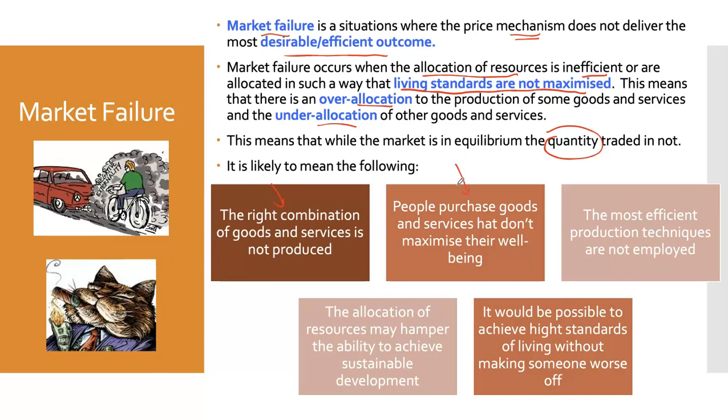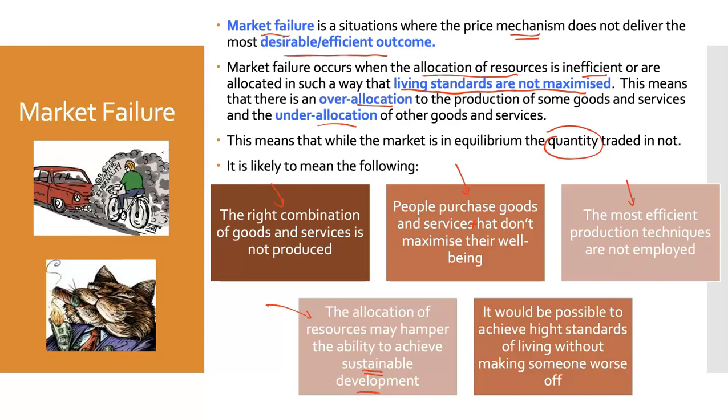People are purchasing goods and services that are not maximising their well-being. We are not employing the most efficient production techniques. And the allocation of resources may be impacting the way that we create sustainable development. So we might not be looking after future generations.